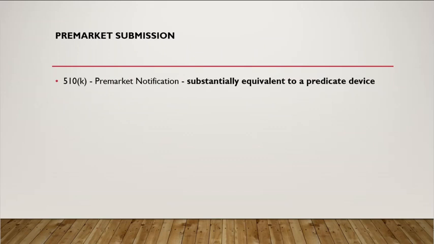We talked about pre-market submissions. The easiest is to do what's called a 510K pre-market notification. This is the equivalent of a registration, and what you do is you've got a device that's substantially equivalent to a device that's already been approved by the FDA.